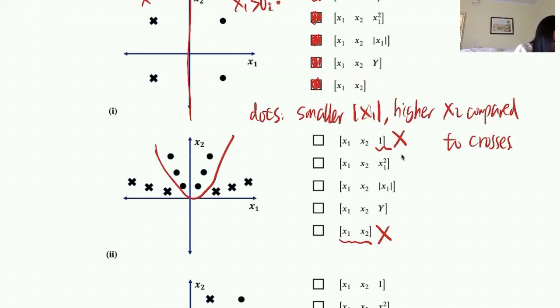Therefore, if we include x1 square as a feature, that enables us to draw a decision boundary like this. In this way, we will be able to separate the data points of these two labels.